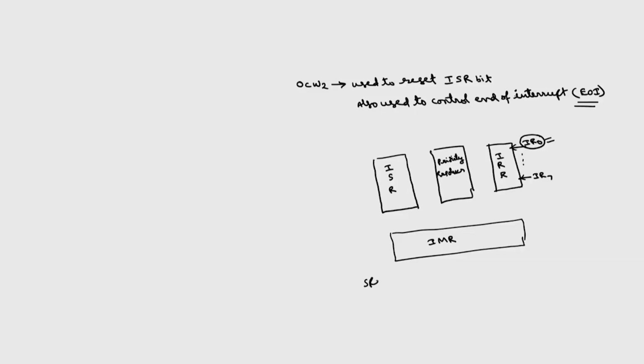In case of specific EOI, we are going to specify the bit which is to be reset in the ISR, as the name implies. Specific EOI will be programmed by the OCW.